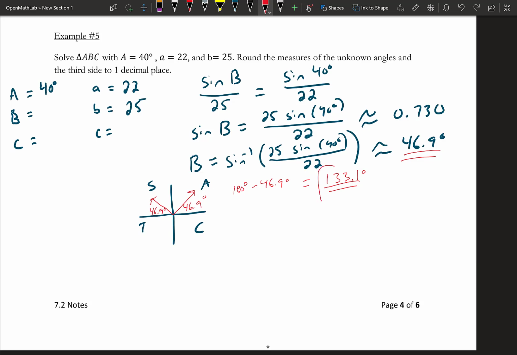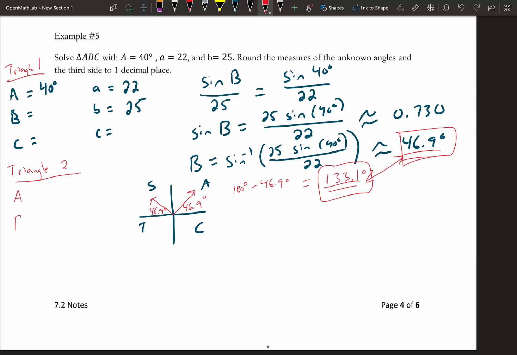And notice if I take this angle and add 40 to it, we're going to be less than 180. Same thing with this angle, right? If I take 46.9 and add 40, I'm going to be less than 180. So both of these are possibilities for angle B, right? We have two possibilities. So we could label this as triangle 1, and then we can have a triangle 2, right?